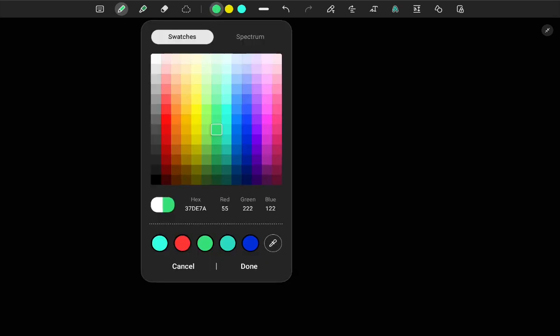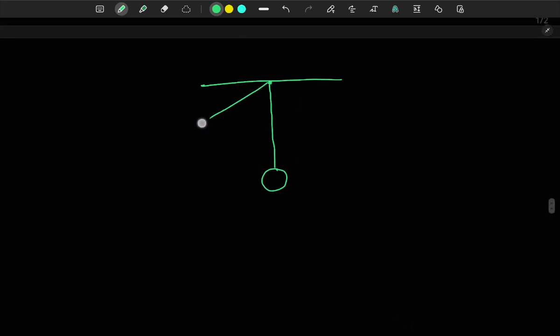Let's have an example that illustrates the difference between potential energy, kinetic energy, and mechanical energy. If we have a pendulum, you know the pendulum? It is a ball tied to a rope, like this. This is a simple pendulum.